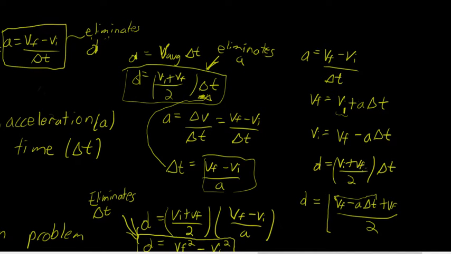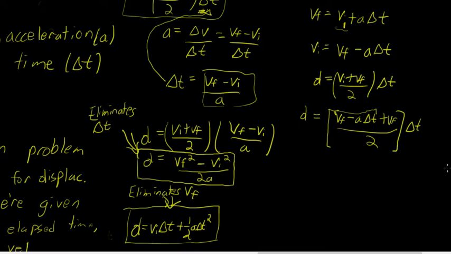So we added final velocity divided by 2, and we're going to be multiplying this whole thing by delta t. So here we have 2 v sub f terms. So we're going to have 2 v sub f over 2 times delta t minus a delta t squared over 2.